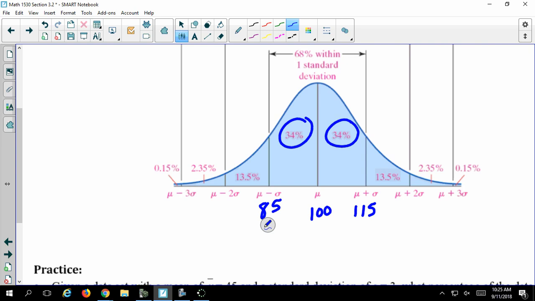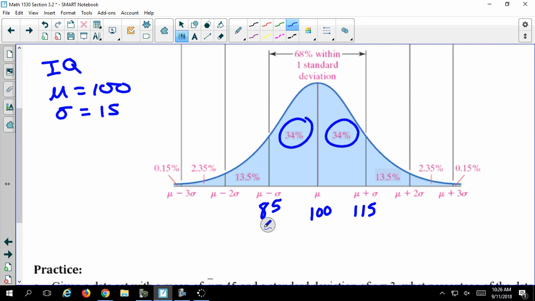So it turns out that IQ scores have a mean of 100 and a standard deviation of 15. That's just based on historical data. What this tells us is that 34% of the population will have an IQ between 100 and 115, and 34% will also have an IQ between 85 and 100.